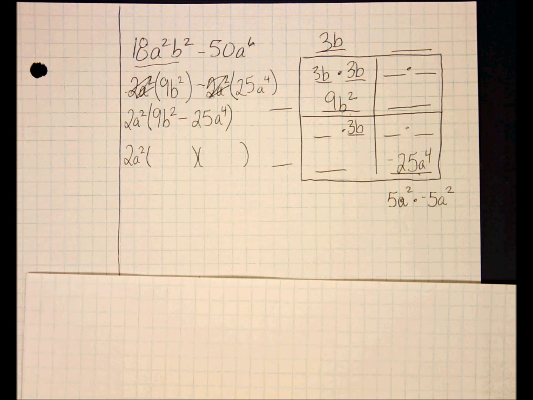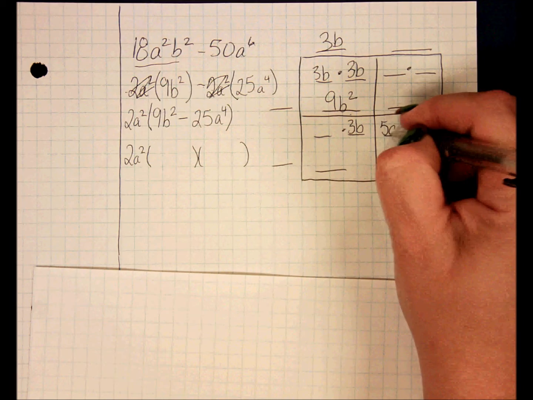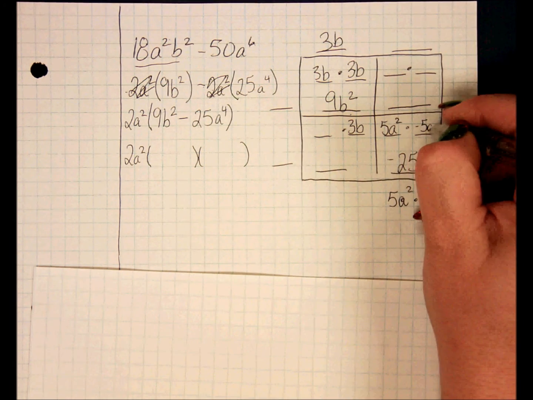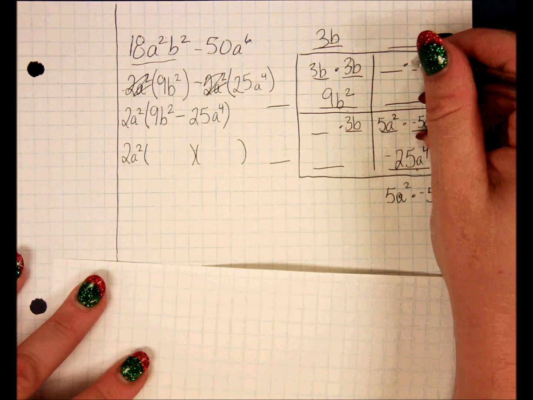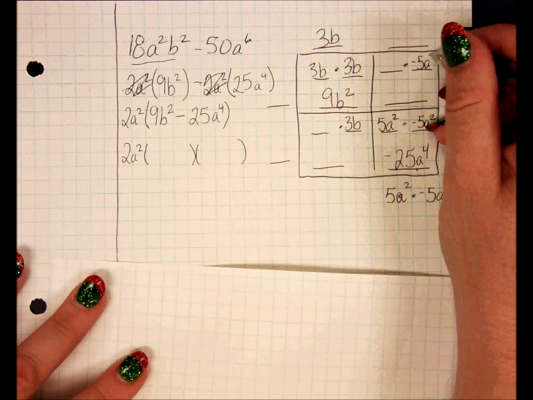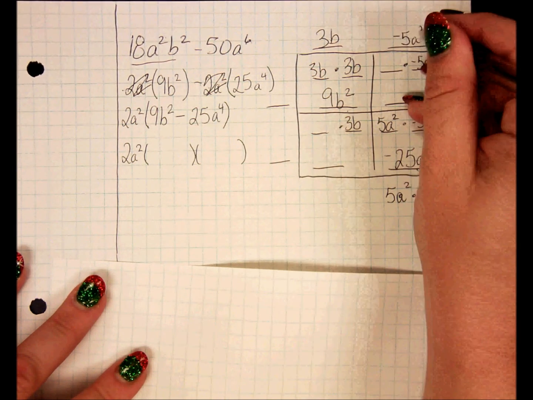It could be 25a to the 4th times 1, but in these problems, we're probably going to see the equal splitting of the exponents. So let's try this one: 5a squared and negative 5a squared. Again, these are all common, so negative 5a to the 2nd power goes here.